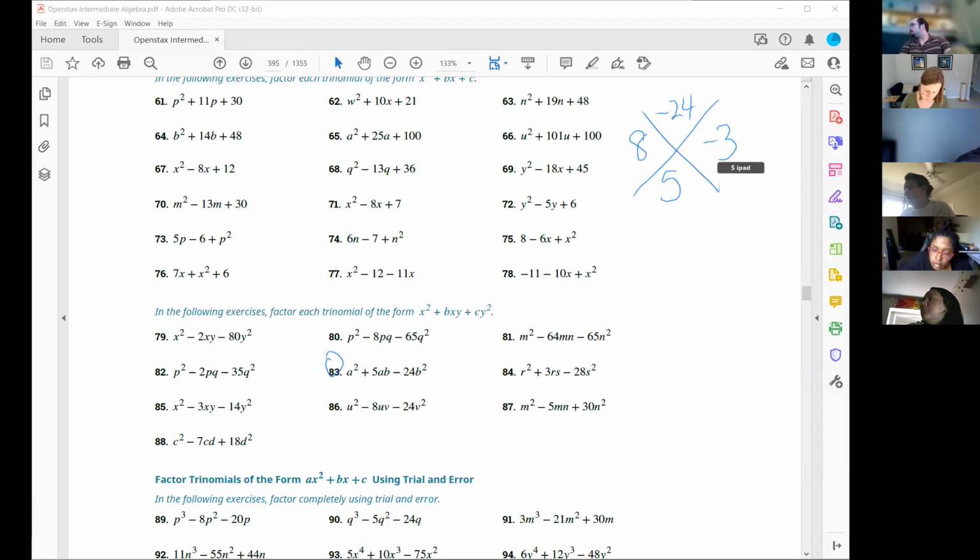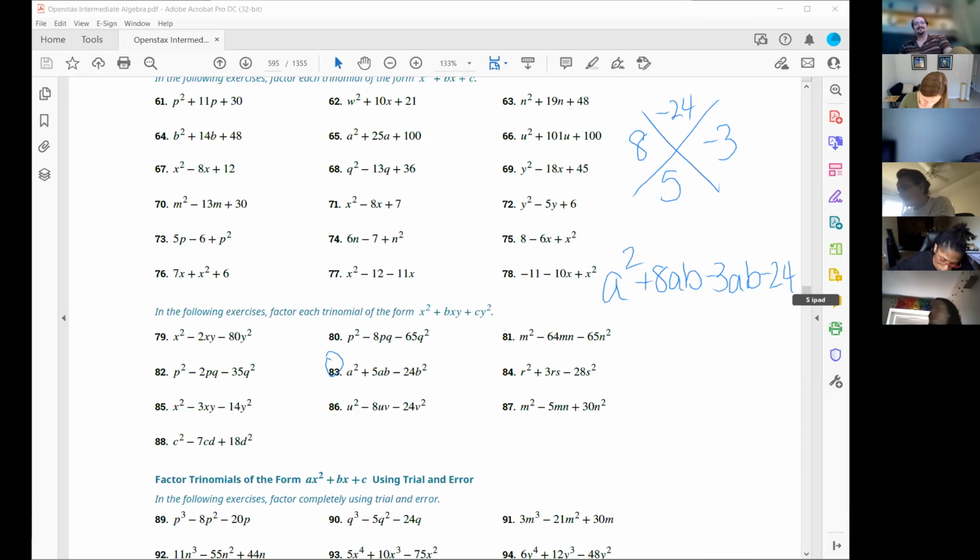Then you still need to split up the middle term, 5a, right? Yes. Then my grouping is like minus. Okay, I put the minus out, and then it's going to be 8b plus a times minus 3b plus a.